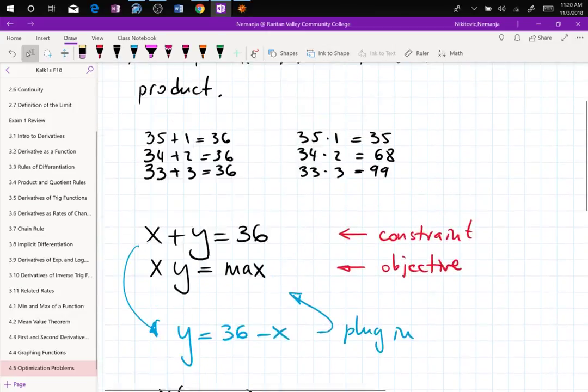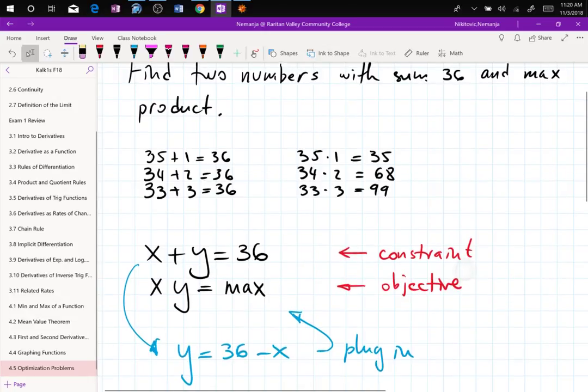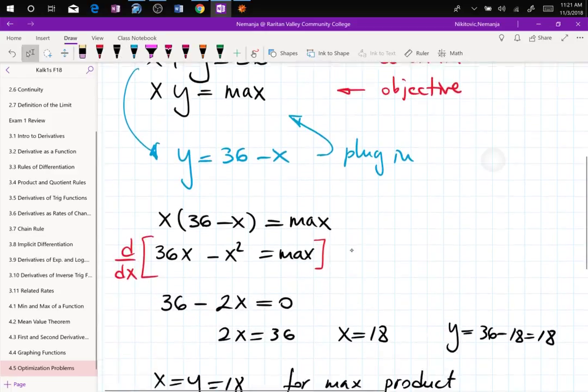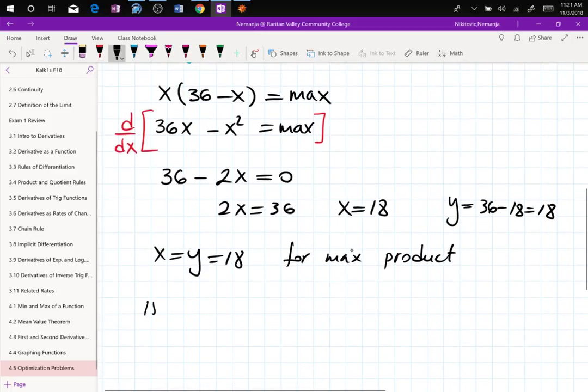Now, if you continue the table of values and you go to 32 plus 4 is 36. 32 times 4 is equal to 128. Eventually, you are going to get to 18 times 18.